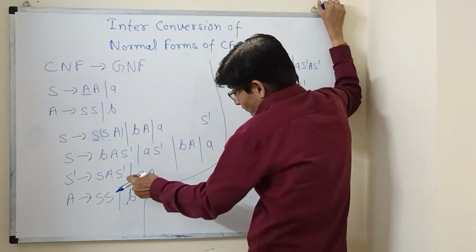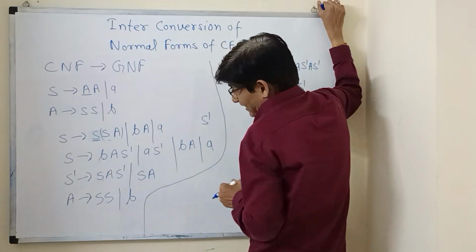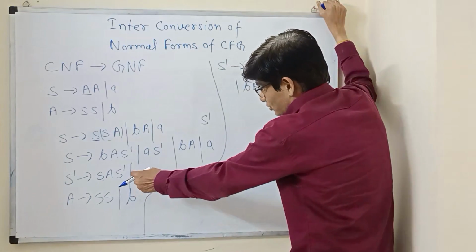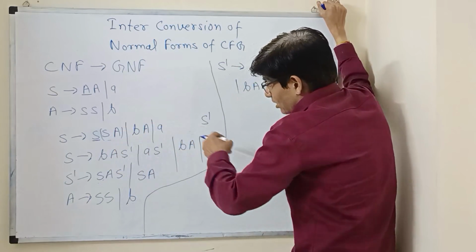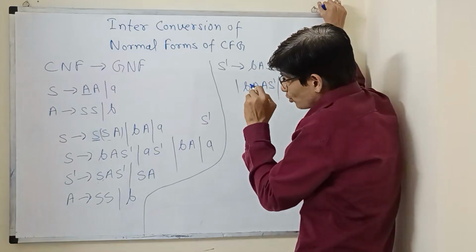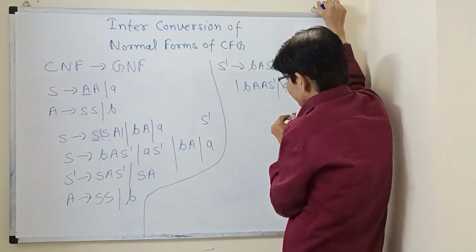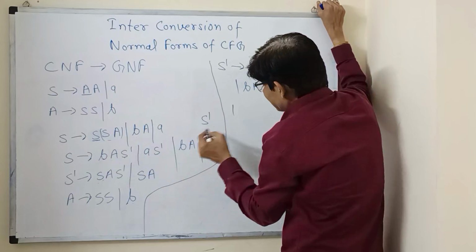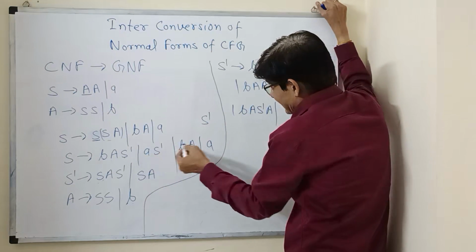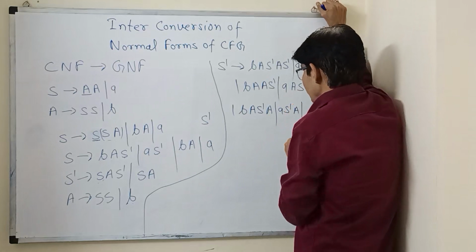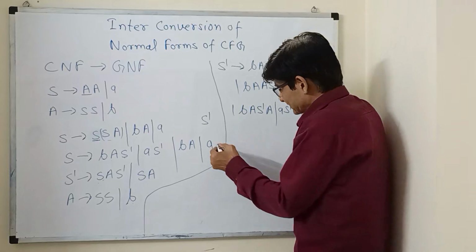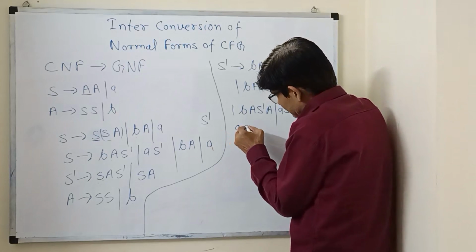Now we have one more production of S' which is not in GNF. So we will replace here also the value of S with all its productions. So I can have four more productions of S' as: first we will have BA S' A, then A S' A, then BA A, and then one more production here, A gives AA.